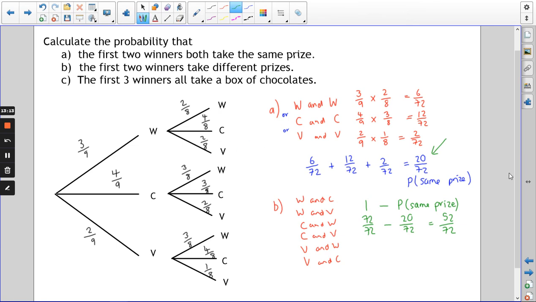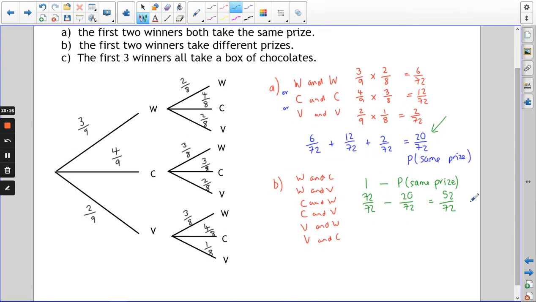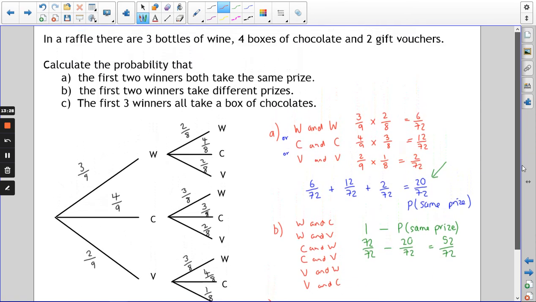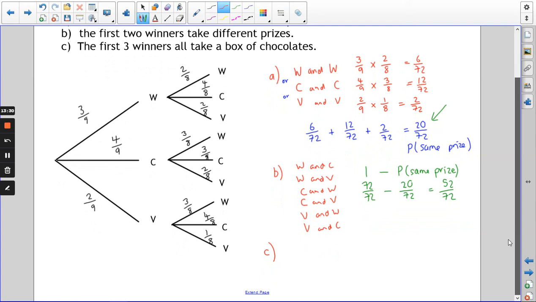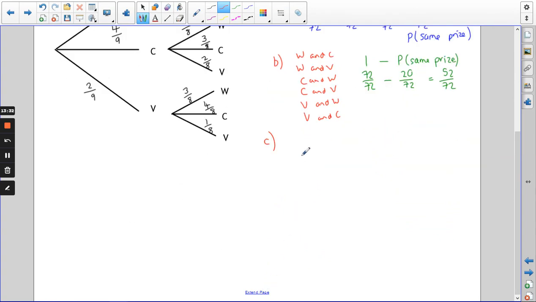Okay. And then part C, what is the probability that the first 3 winners? Now I can't use the tree for this because I don't have the third set of branches. Okay, so we're going to try and do it without. So how many boxes of chocolates were there? There were 4 to begin with, 4 out of 9. So without the tree, look.